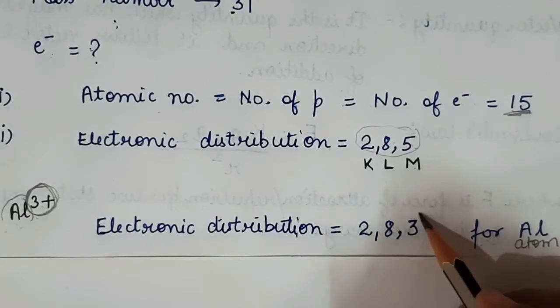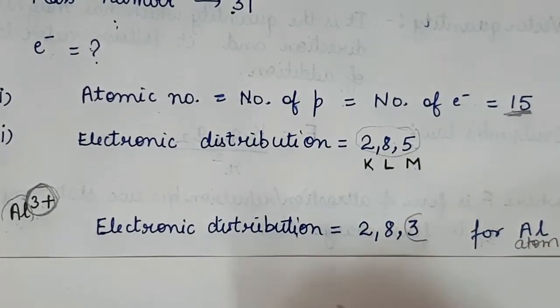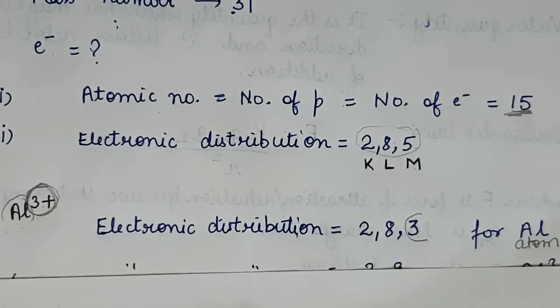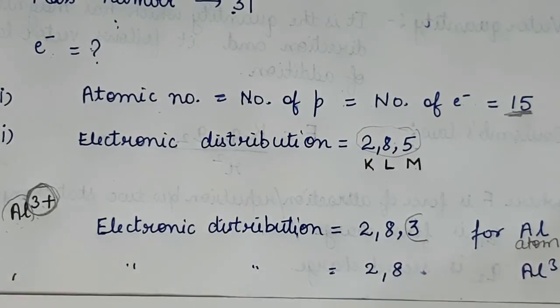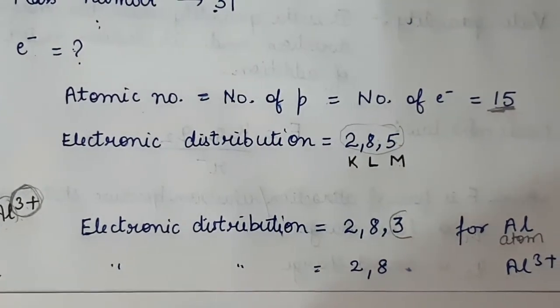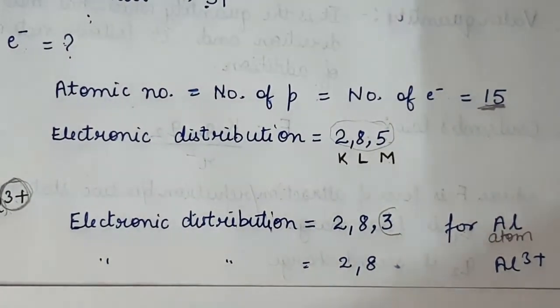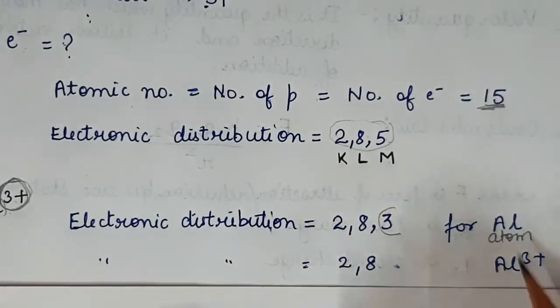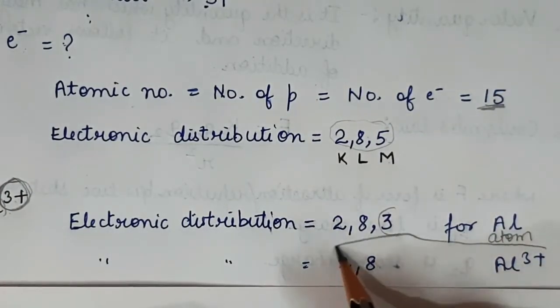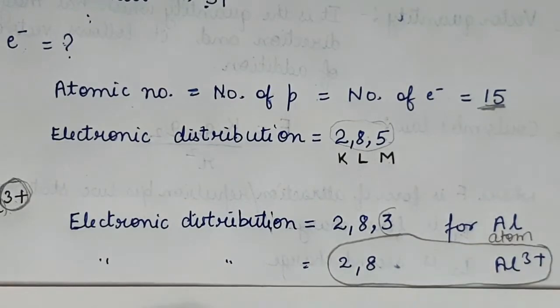So the 3 electrons have been lost. So what will be the electronic configuration of Al 3 positive ion? It will be 2, 8. 2 electrons in the first shell, 8 electrons in the second shell. That will be for aluminium ion.